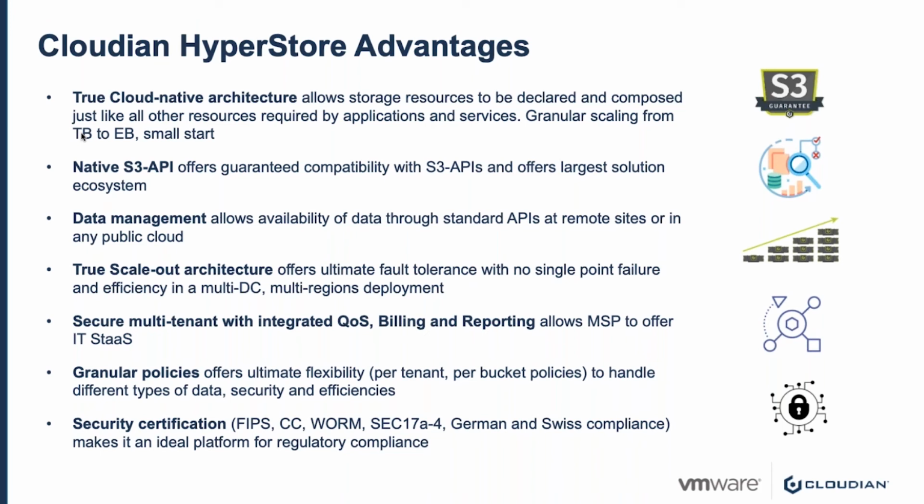And what I mean by that, and Gopala, you mentioned this earlier, is that object storage is key for modern cloud native applications because object storage is in general cloud native in the sense that it is API driven and declarative. It allows storage resources to be declared and composed just like any other resources that an application would use, and you can scale those resources from a few nodes, from terabytes to exabytes, right?